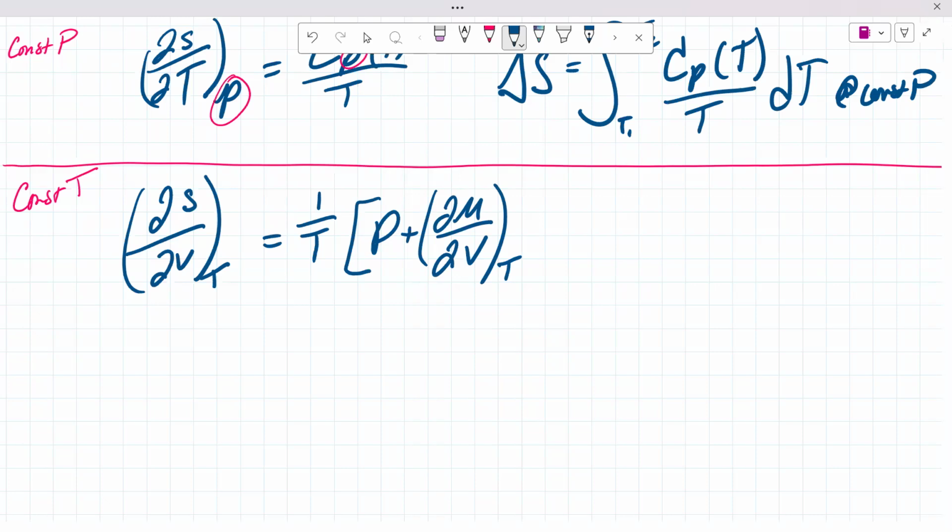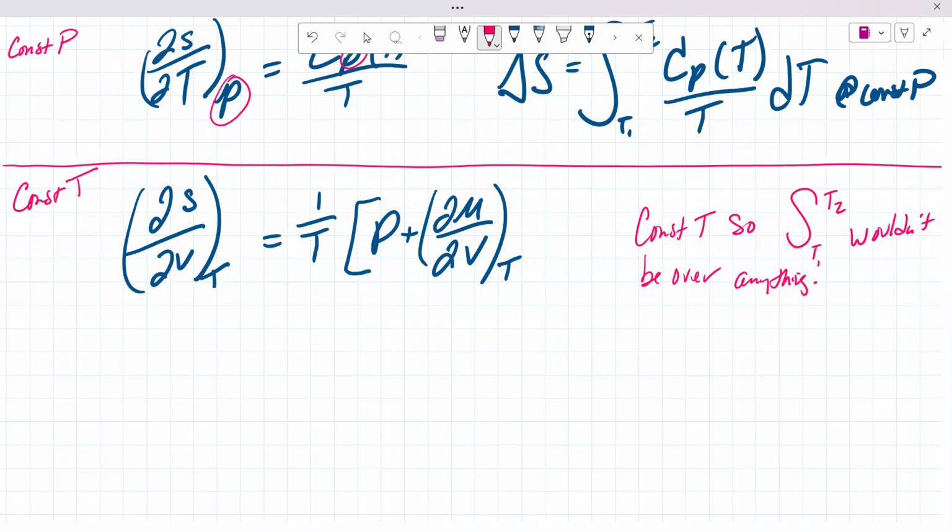Now, interesting fun fact: it's constant temperature. So the integral from T1 to T2 wouldn't actually be over anything. So there's no area under the curve, right, because it would be the same.